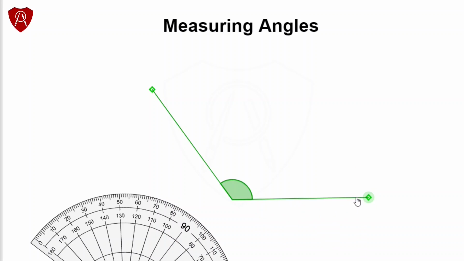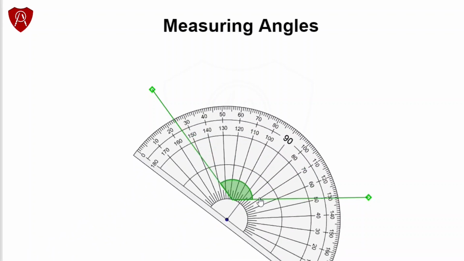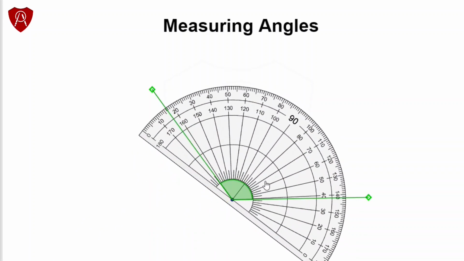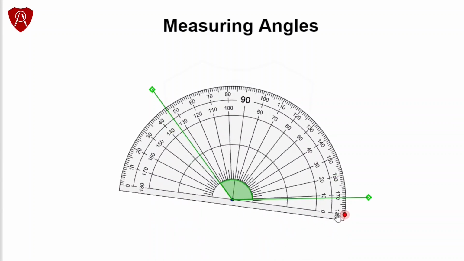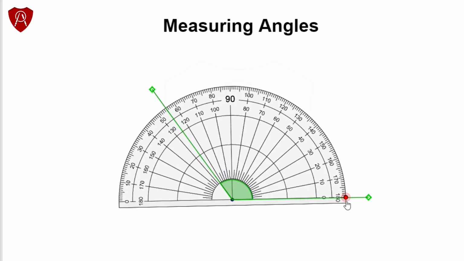And with that, let us now grab our protractor. The first thing to do is ensure the center of the protractor is right here at the apex of the angle we are measuring. Very important to ensure that. Secondly, you rotate the protractor until one leg of the angle is aligned to the 0 mark of the protractor.